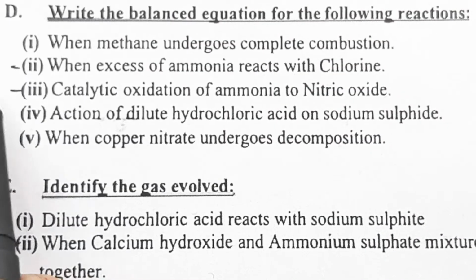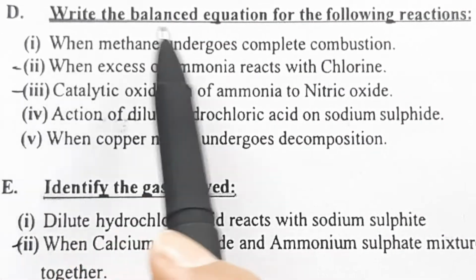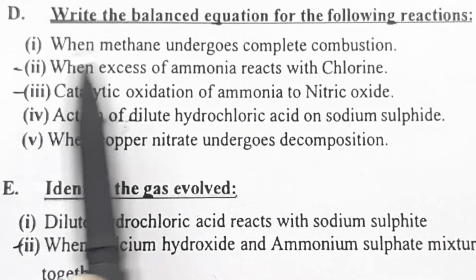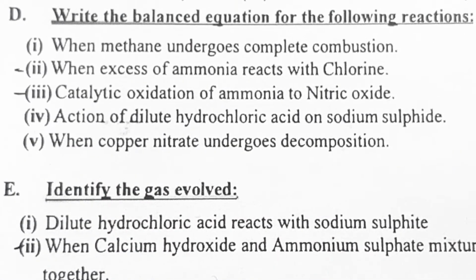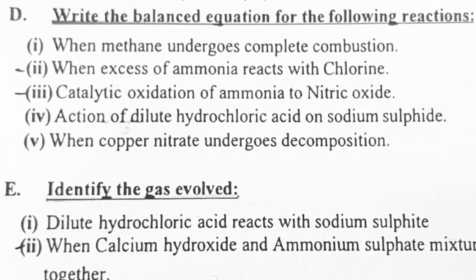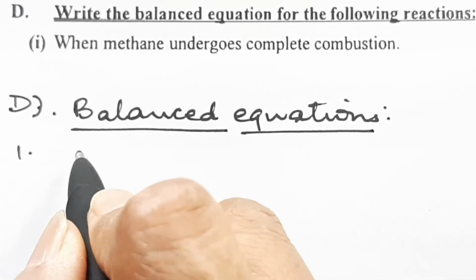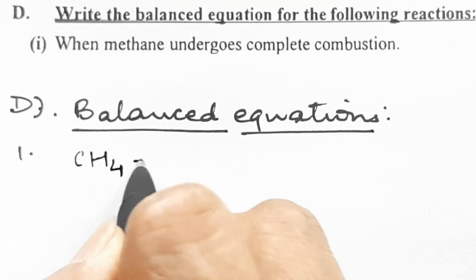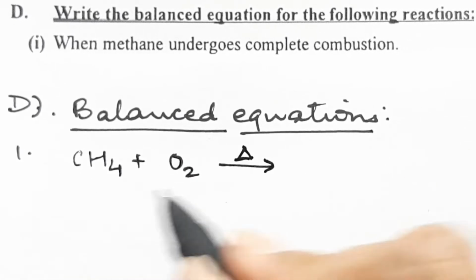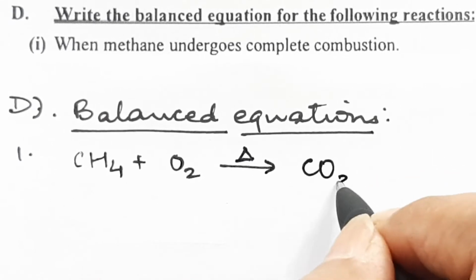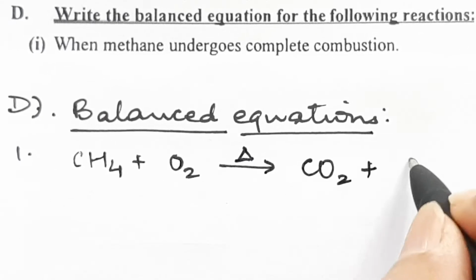Okay. Question 1D asks us to write the balanced equations for the following reactions. When methane undergoes complete combustion, let us see how we write it. Our methane is CH4 plus O2. On heating, C becomes CO2 plus H becomes H2O.